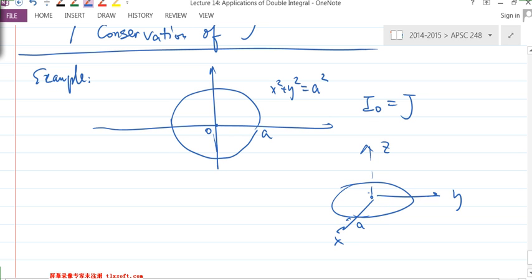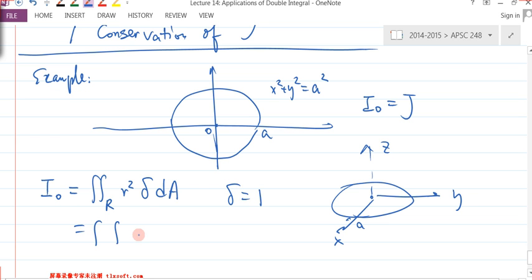Let's try, very simple. I naught or J equals the integral over the region of r squared times delta dA. Suppose that the plate has delta equal to 1. Then this integral basically becomes this one. I'm going to use polar coordinates because it's a circular disk region.